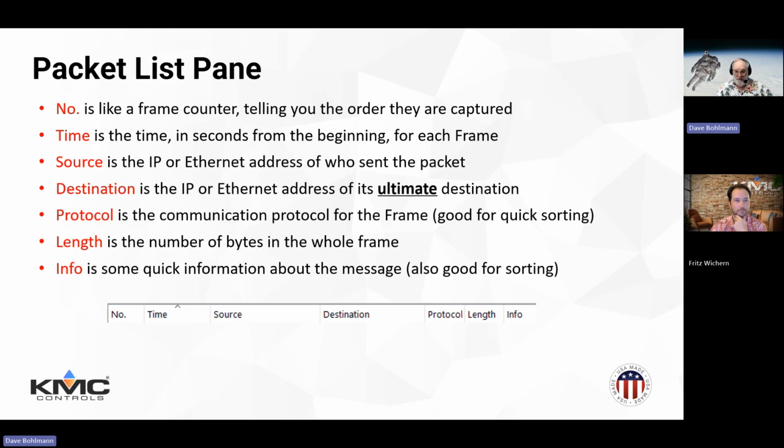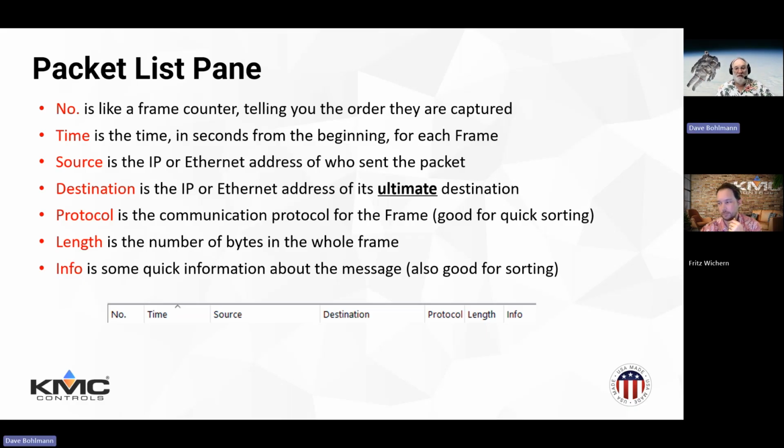The source will either be an IP or an Ethernet address of who sent the message. The destination will either be the Ethernet or the IP address of what we call the ultimate destination, and we'll get into that here in a minute.